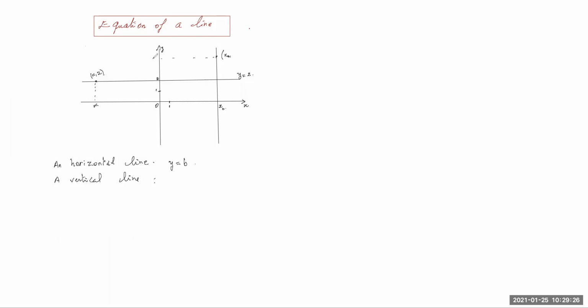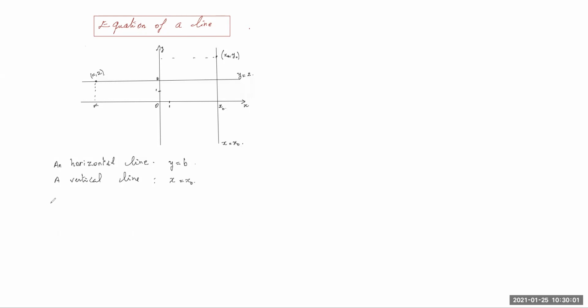They all have the same first coordinate x0. So we can characterize this set of points by x equal x0. The whole set globally is characterized by x equal x0.